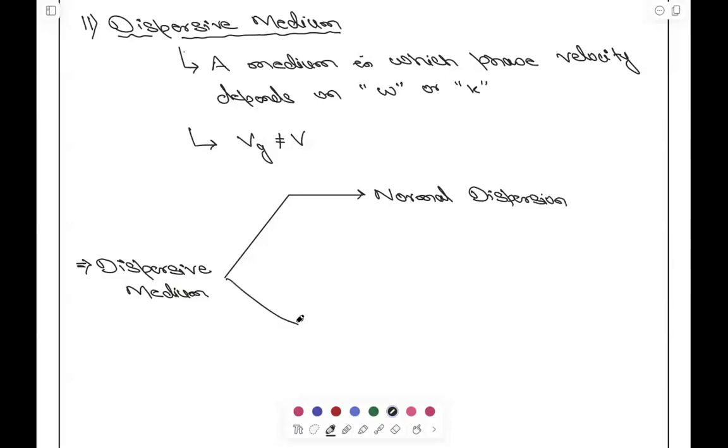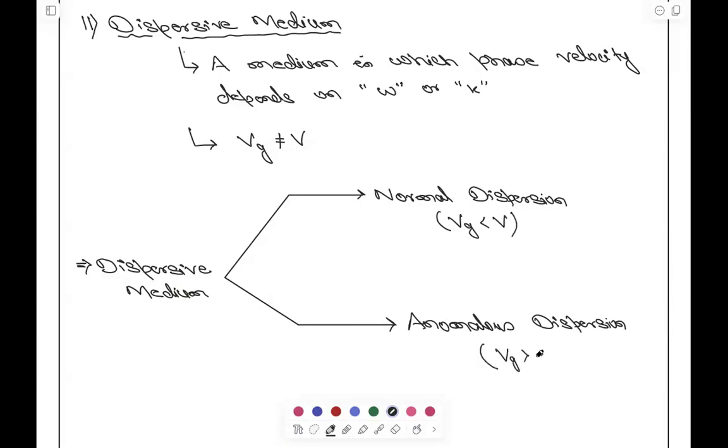There can be only two cases when these are not equal: whether Vp is greater than Vg or the reverse. What is anomalous? What does anomalous mean? Here I am writing Vg is less than V, and here Vg is greater than V. Can anyone tell me what you mean by anomalous? Sir, deviation from expectation. Deviation from expectation. What were we expecting?